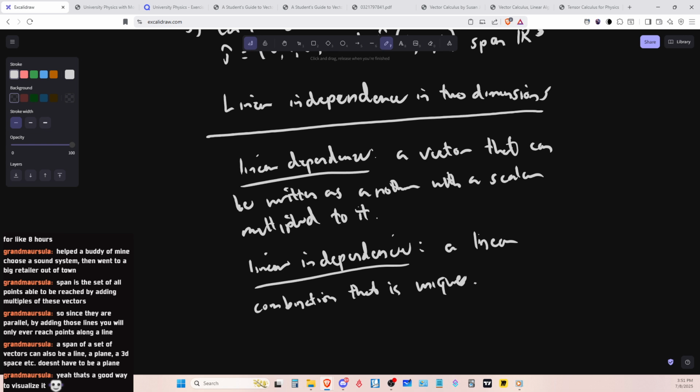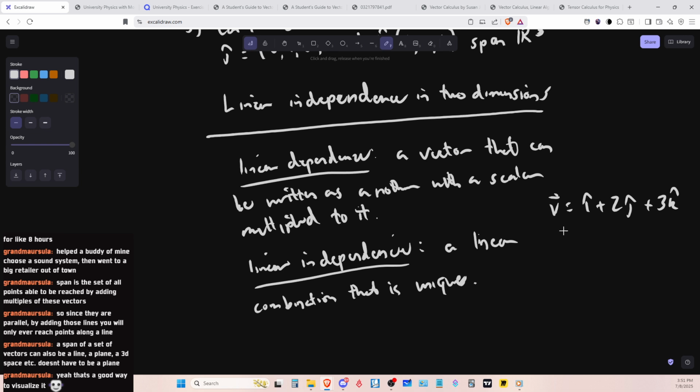To summarize that, one example would be if you had v as a vector, and v is equal to 1i plus 2j plus 3k. If you had this combination here, this would be linearly independent because obviously we have two prime numbers, so they don't reduce to anything.